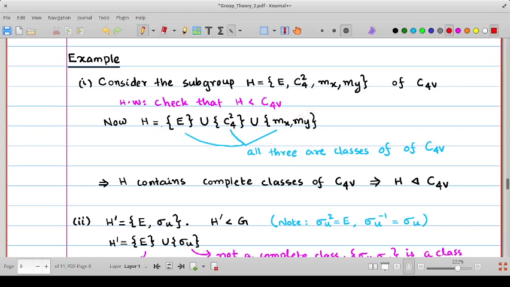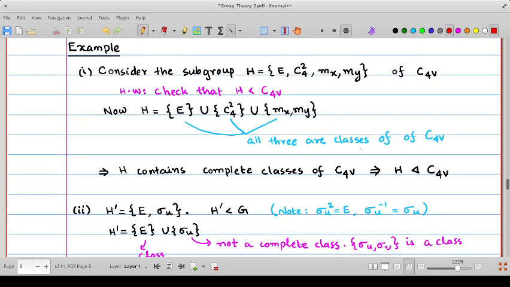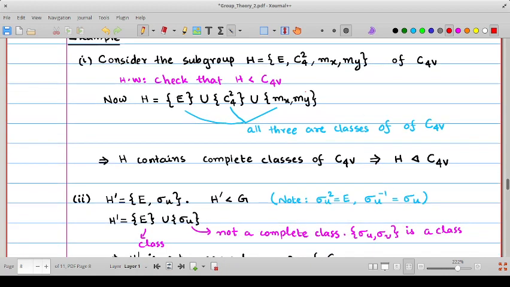So now H can be written as the union of E, which is a complete class, then C4 square, which is another class, and Mx and My, which is another class. So H contains complete classes of C4V, and therefore from the theorem that we just proved, it follows that this subgroup is a normal subgroup of C4V.